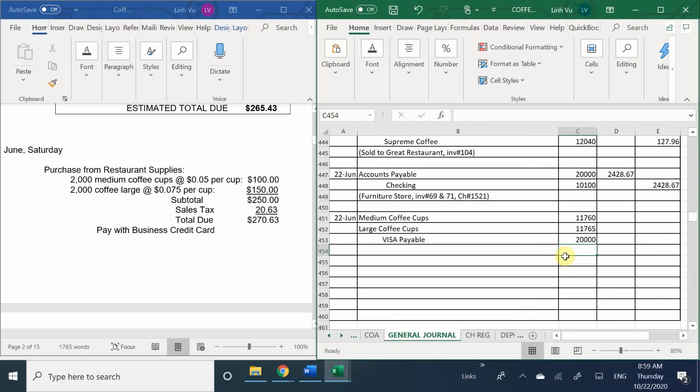So 108.25 for the first one. Good. And $162.38 for the other. All right, if we add these two together, we get a grand total of 270.63 perfectly. Okay.